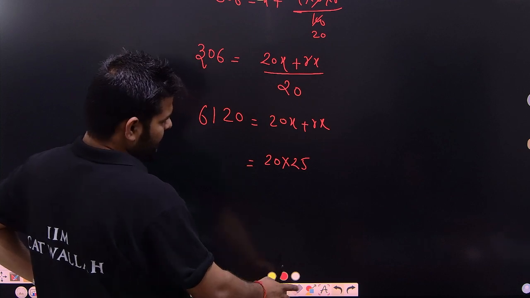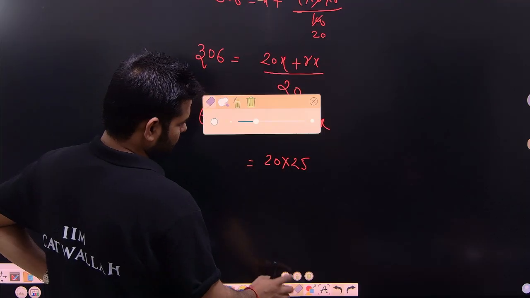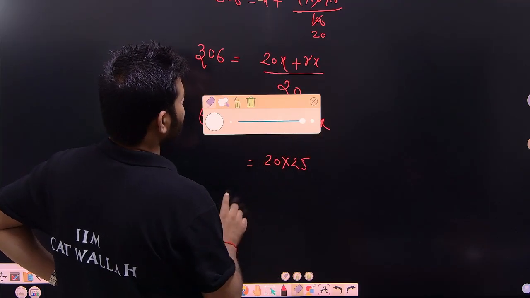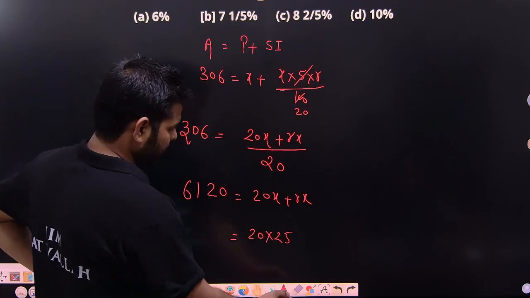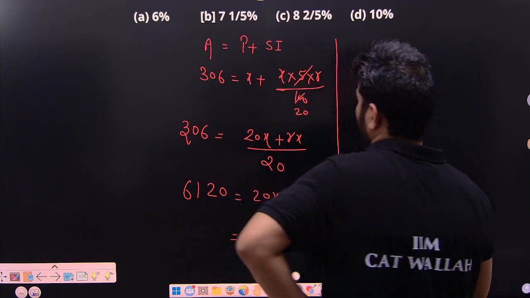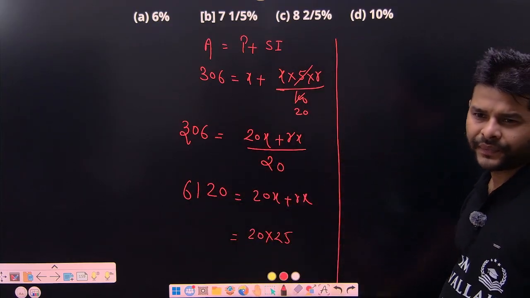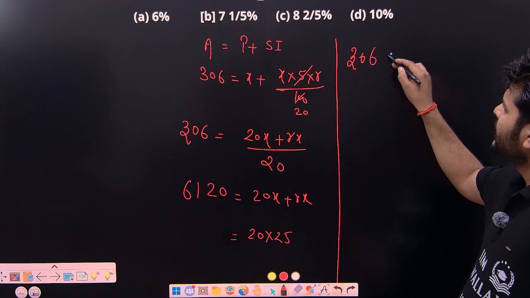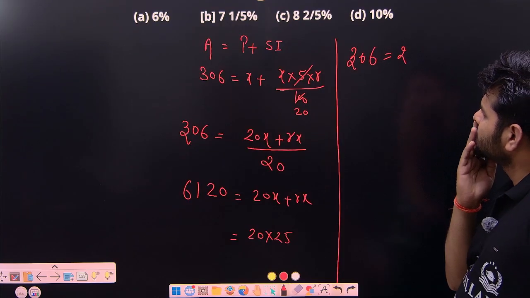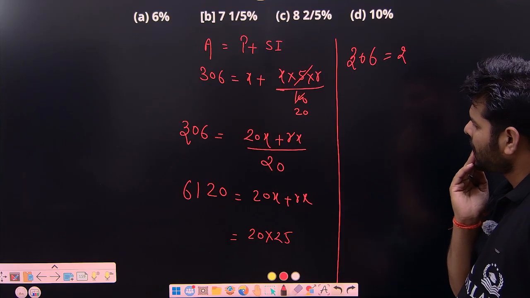Basically, we can directly solve from here with a short trick method. This method we can apply here. Basically, the amount we have been given is 306.